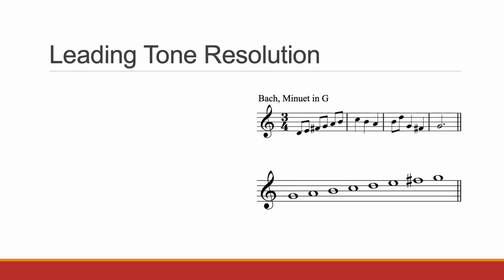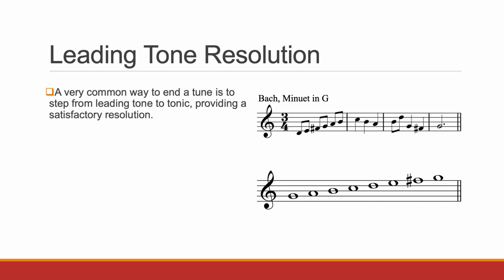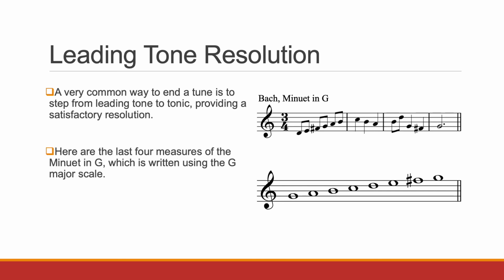Leading tone resolution. A very common way to end a tune is to step from leading tone to tonic, providing a satisfactory resolution. Here are the last 4 measures of the minuet in G, which is written using the G major scale.